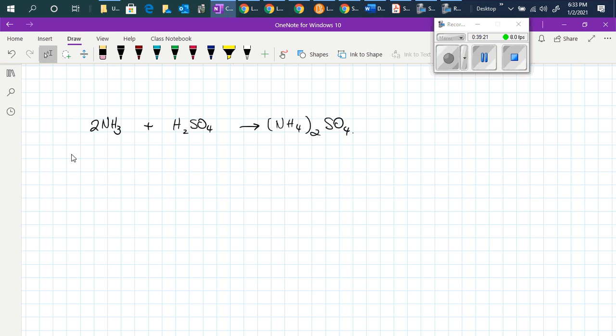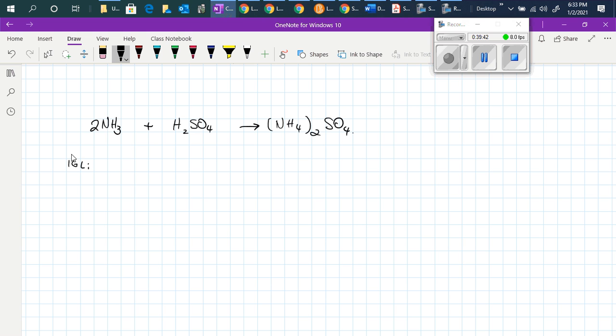Again, I will do both methods, the one where you do Stoich all the way through and the one where you do it step by step. So the very first one is using the ideal gas law. Why are we using the ideal gas law? Because we are not in standard conditions.